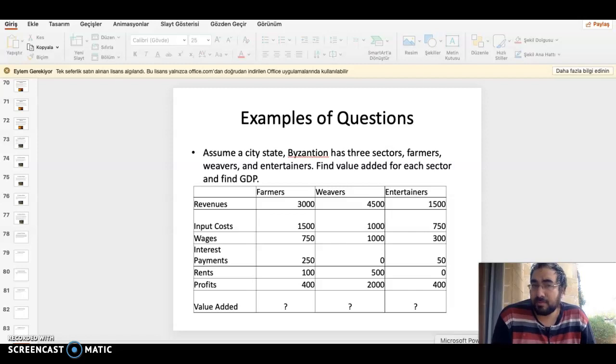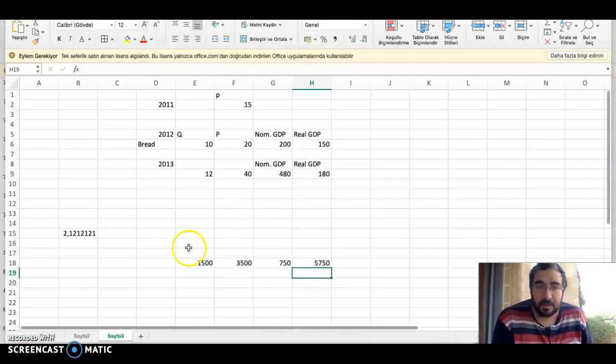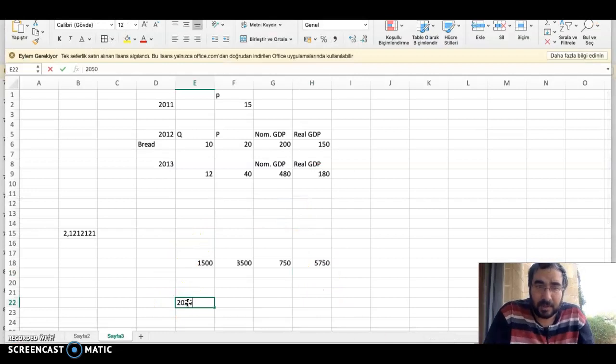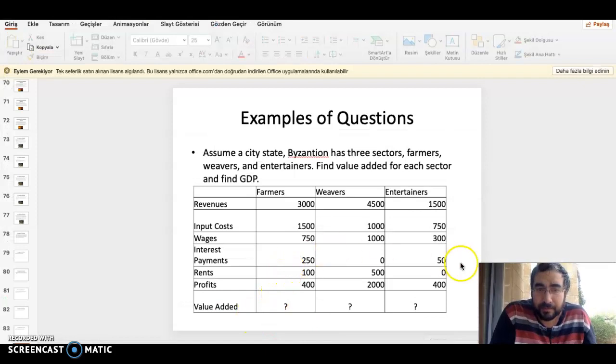If you want, you can also use this chart to calculate the GDP through the aggregate income method. Let me see. This is 2,050. This is aggregate wage. So let's write it 2,050. Aggregate profit is 300. Rent is 600.